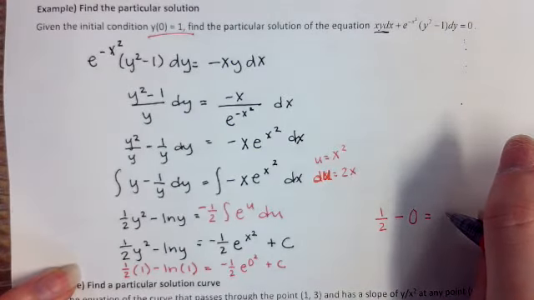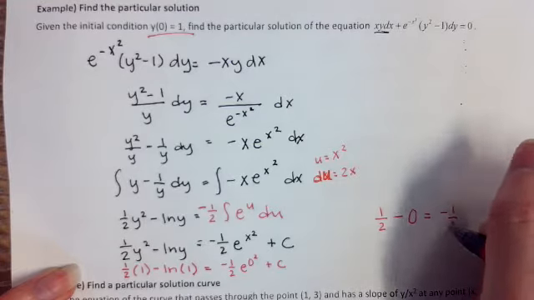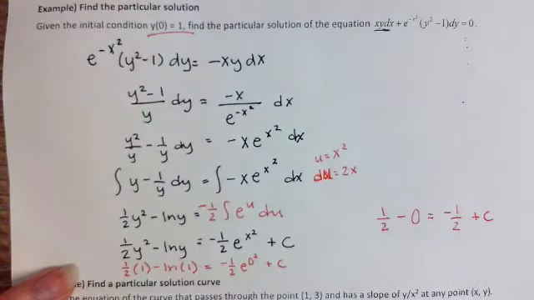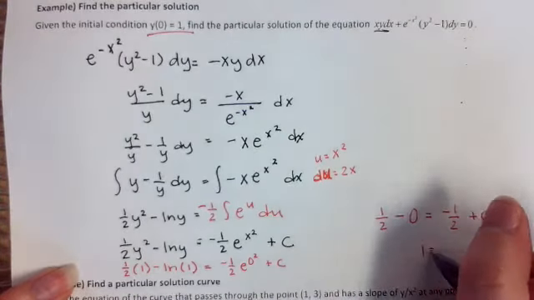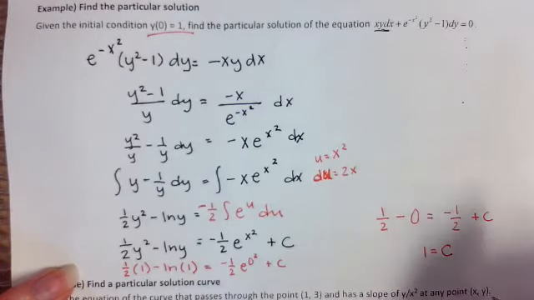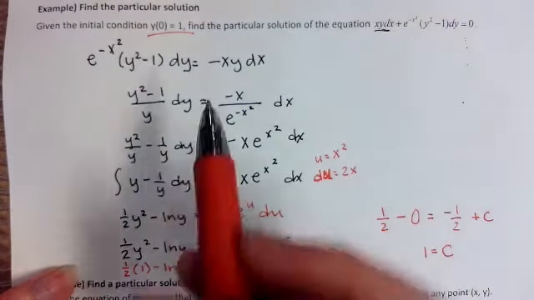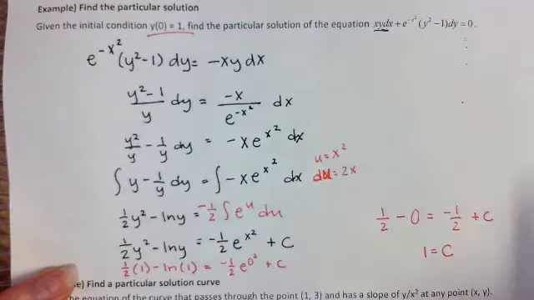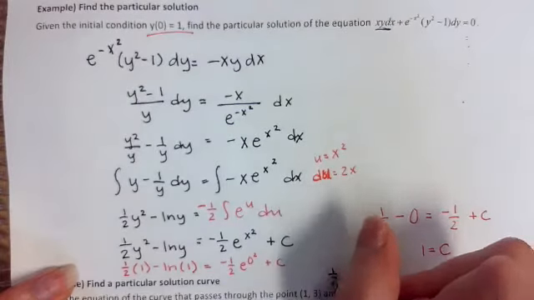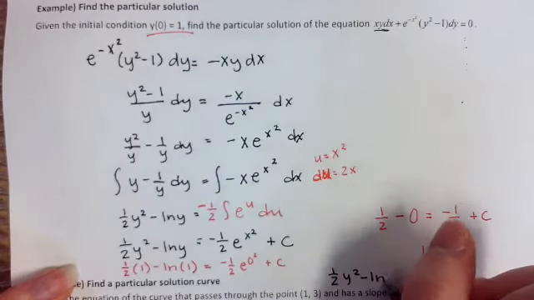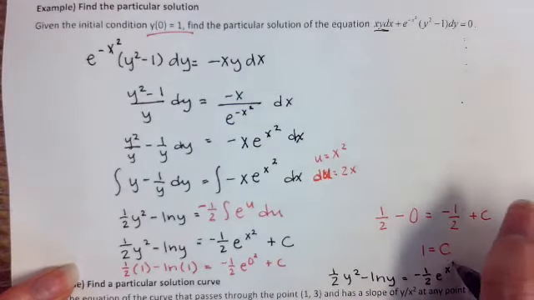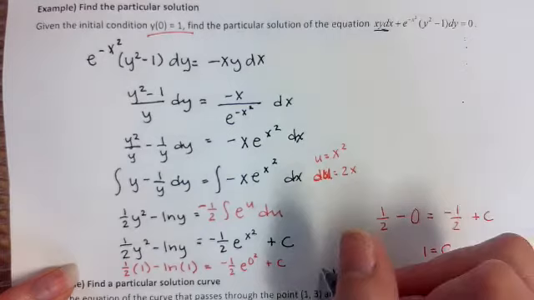E to the 0 is 1, times negative 1/2 would be negative 1/2. So I have this equation. What's going to happen when I add this negative 1/2 to the other side? C equals 1. So my particular solution is 1/2 y squared minus ln y equals negative 1/2 e to the x squared plus 1.